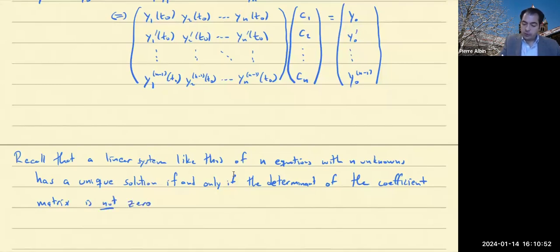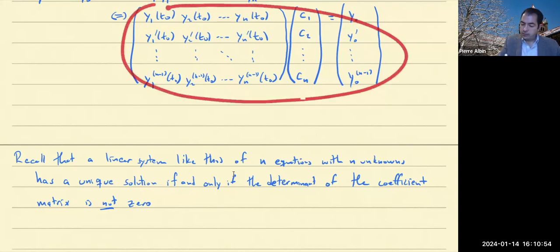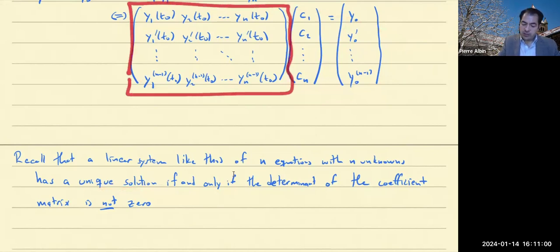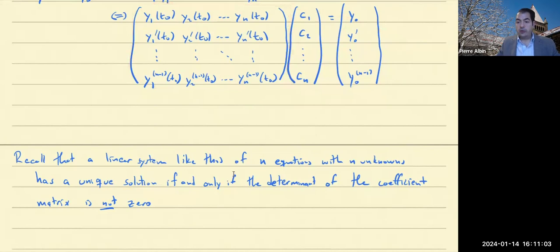Right? So in order for this equation to have a unique solution, what we need is that the determinant of this coefficient matrix is not equal to 0.